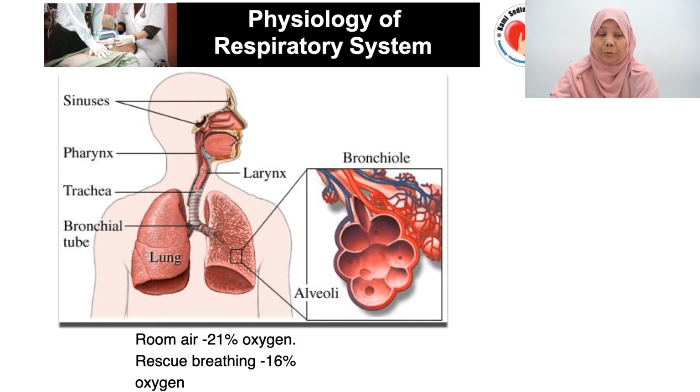So the main components of the respiratory system are the airways, which channel air to the lungs, blood vessels for gas exchange, and muscles for breathing to move air in and out of the lungs. Take note that room air contains 21% oxygen, whereas rescue breathing uses exhaled air that contains 16% oxygen.